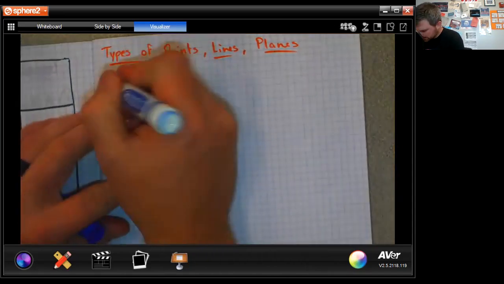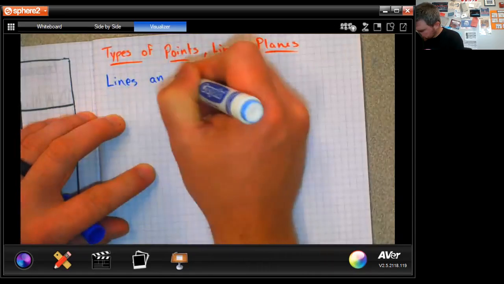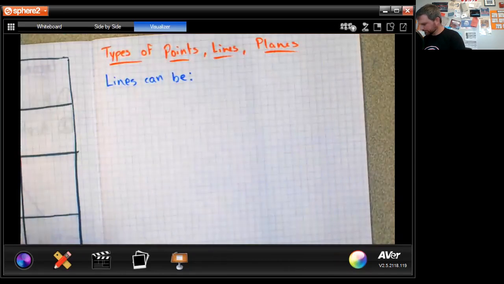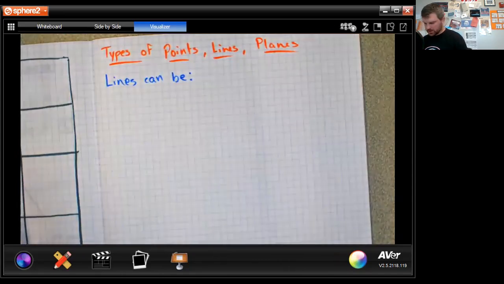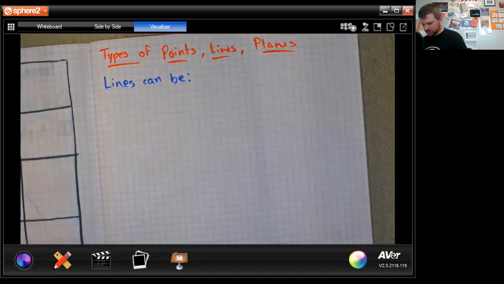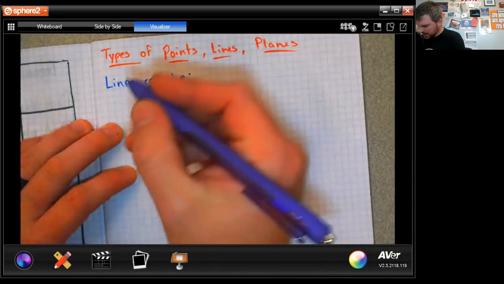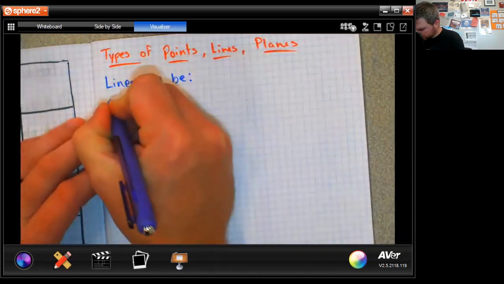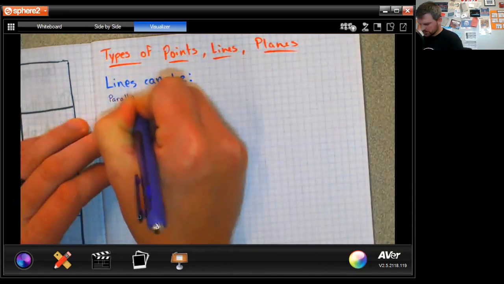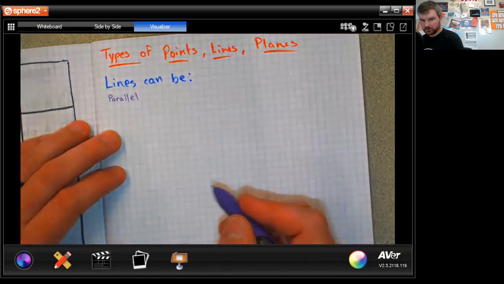Okay, so let's start with lines. Lines can be... we're going to have 4 sections here. I'm not going to split it up right now, but we'll have 4 little sections, and I'll switch to a pin. If you have 2 lines, they can be parallel.